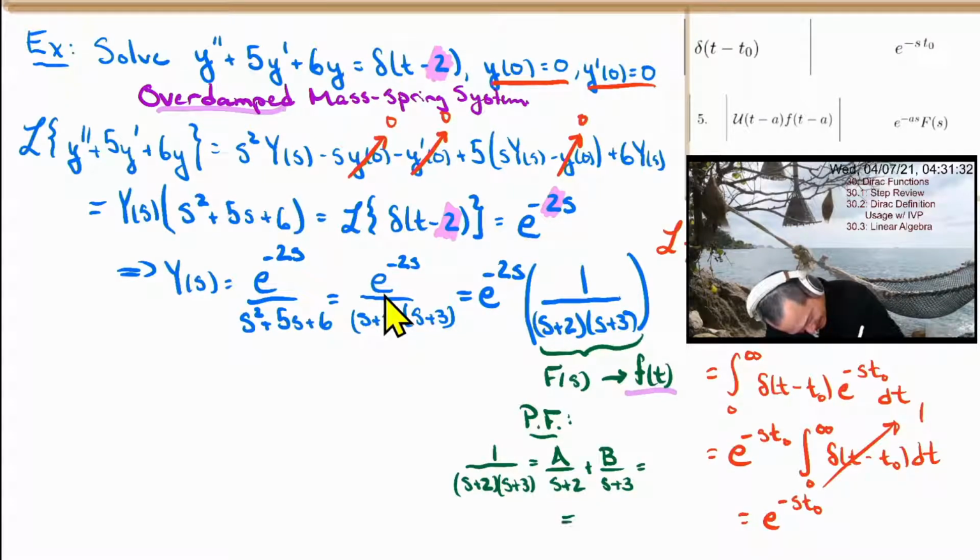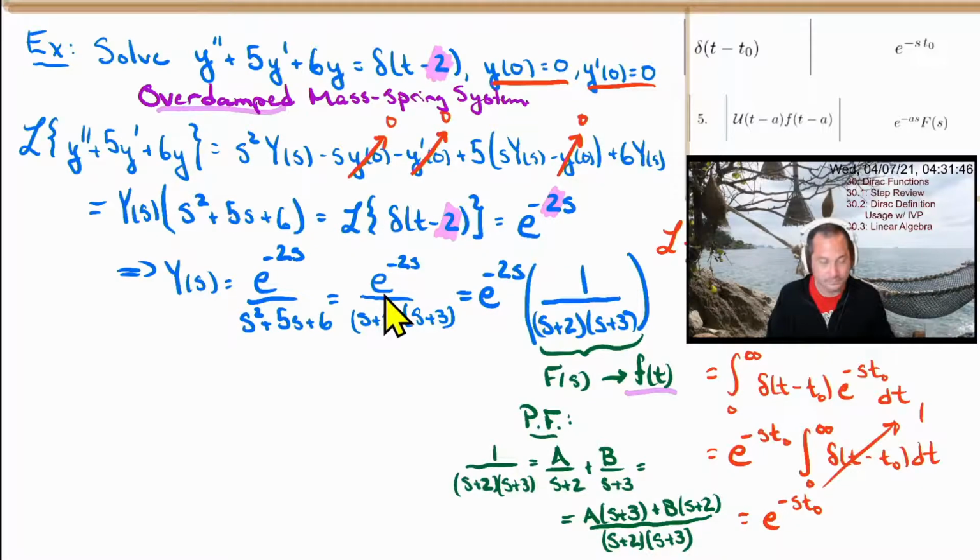But then again, that is equal to combining the fractions, a times s plus 3 plus b times s plus 2 all over s plus 2 times s plus 3. And now, if the denominator on the right is equal to the denominator on the left, then I set their numerators equal to one another. This is not the worst partial fraction we've ever seen in our lives. I can just read off the numbers.